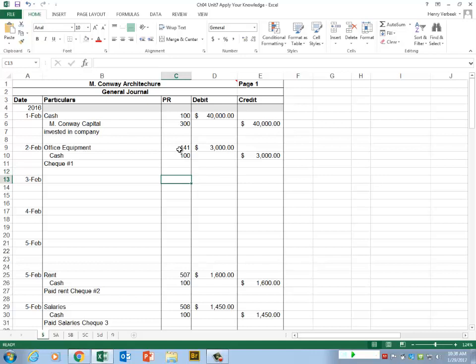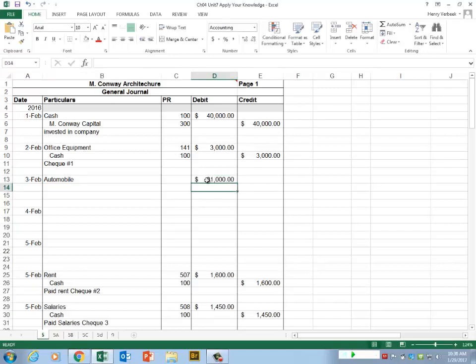Back to the textbook. February 3 bought an automobile for the business from Ajax Motors Limited on credit. The price was $21,000. So automobile, we know it's 21,000.